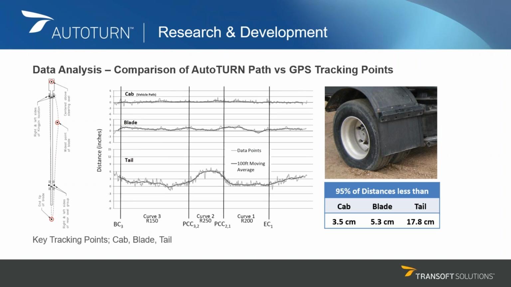So differences in friction values, and you can control those values in AutoTURN, might have affected this. But overall, when you see the overall vehicle length and the swept path width, our results are very accurate.